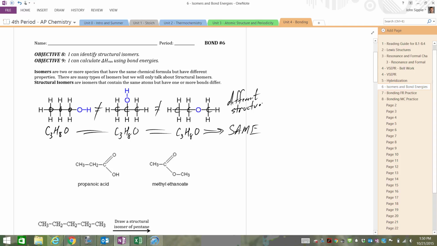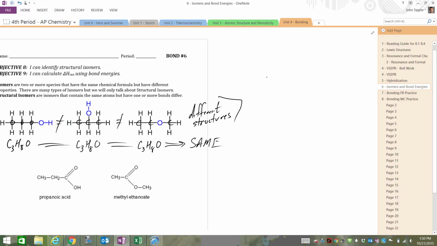And what happens there is that, because of the different structures, each molecule has different properties. If you look at these three molecules right here, two of these are a lot more similar than the third one.